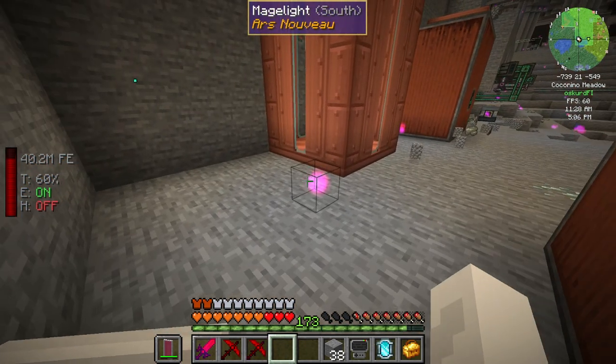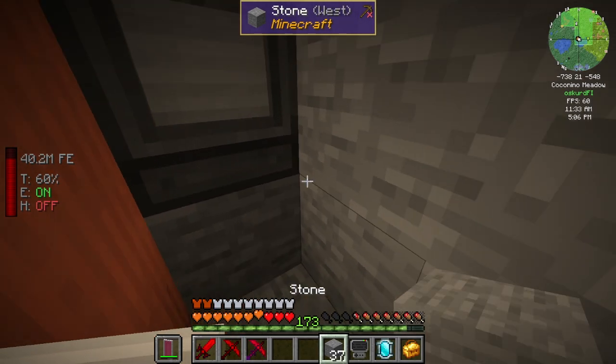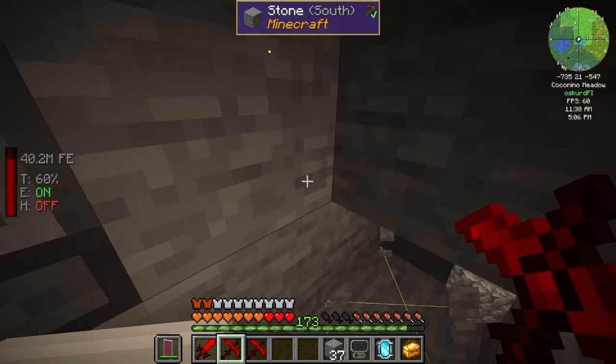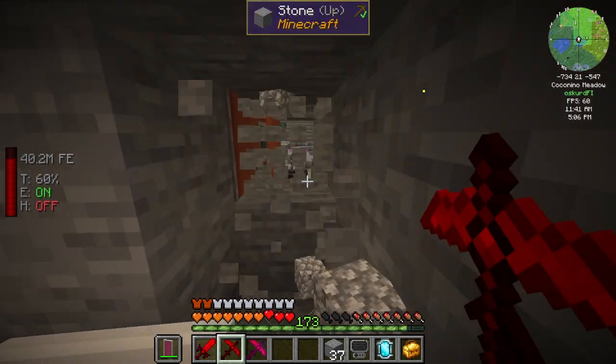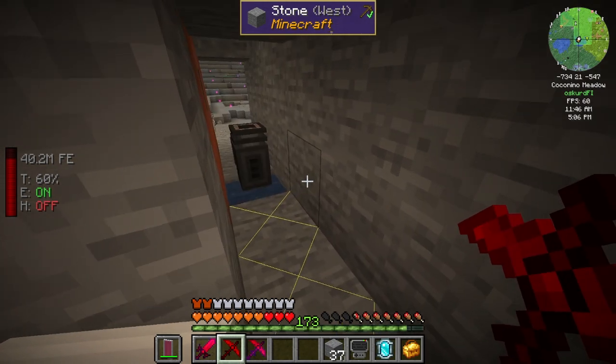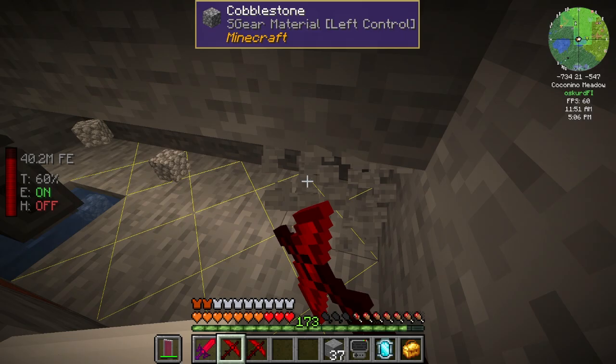And actually, I think my heater I will power from this side, because our pump is coming here as well. So we just take our cable and we go around here. Like so.